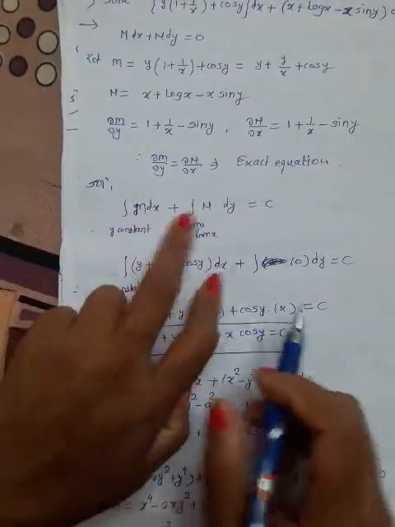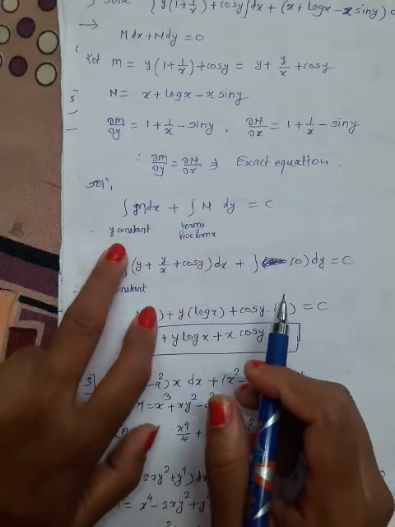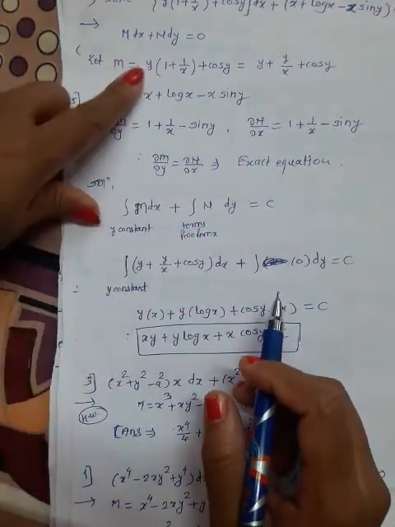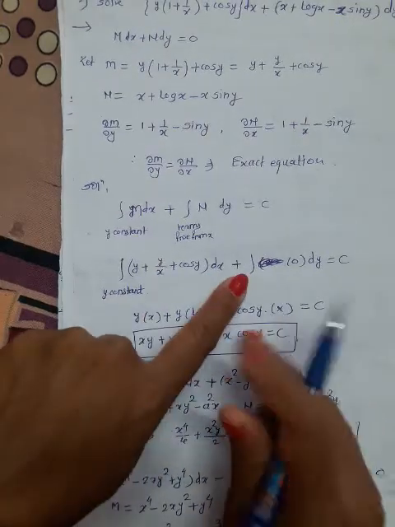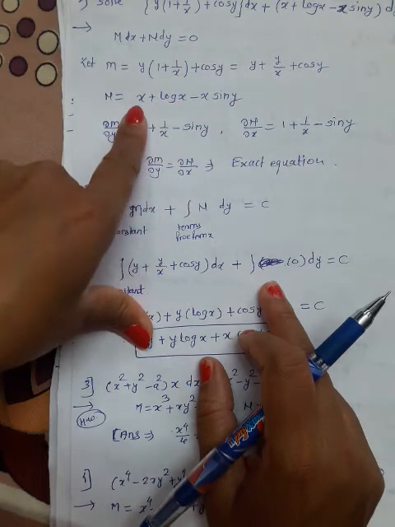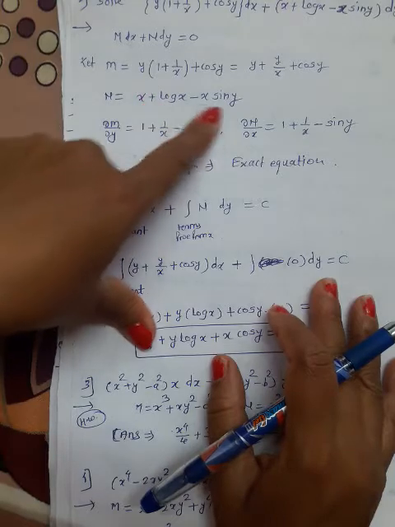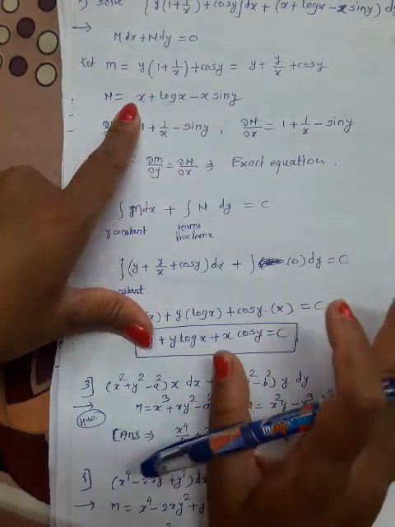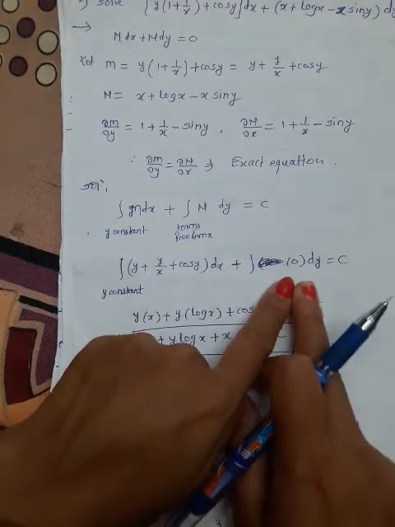Integration of M dx plus integration of N dy, where y is constant in the first and only terms free from x are taken in the second. Put the value of M here as it is, with y constant, plus we take those terms of N which are free from x. There is no term which contains only y. Every term contains x, so you have to take 0.